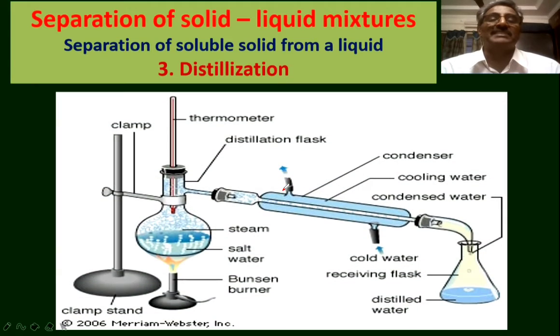The process of distillation is shown in this figure. A distillation flask which contains salt water. When heated to a certain temperature just above 100 degrees Celsius, water changes to vapor state. These vapors are allowed to pass through the condenser.